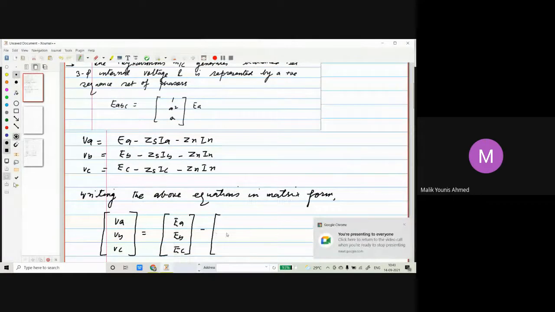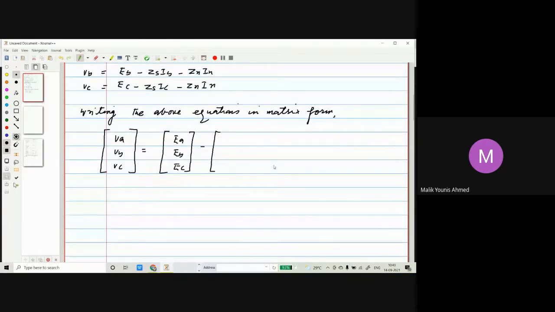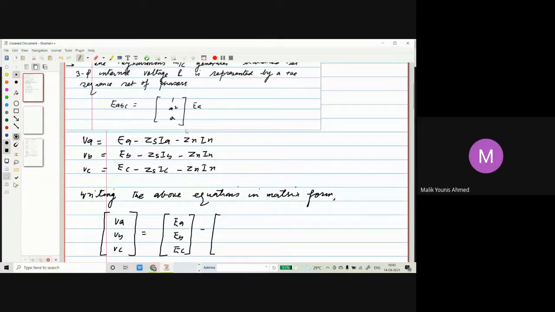Now we'll write this in the matrix form. You can see ZS plus ZN, and when we write this in the matrix form, this will be ZS plus ZN. First I will explain it here.